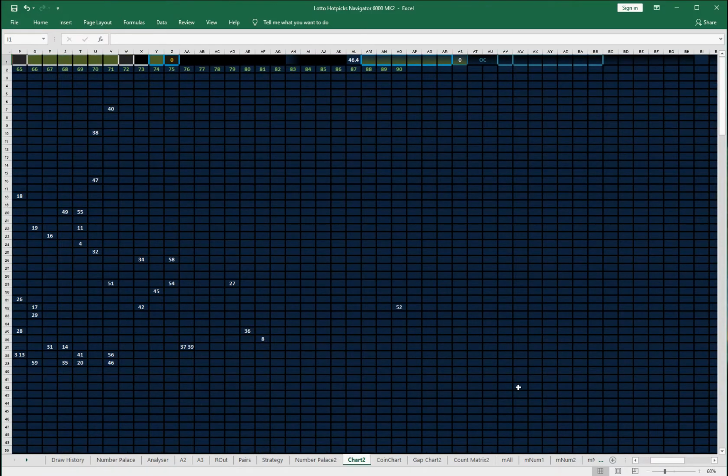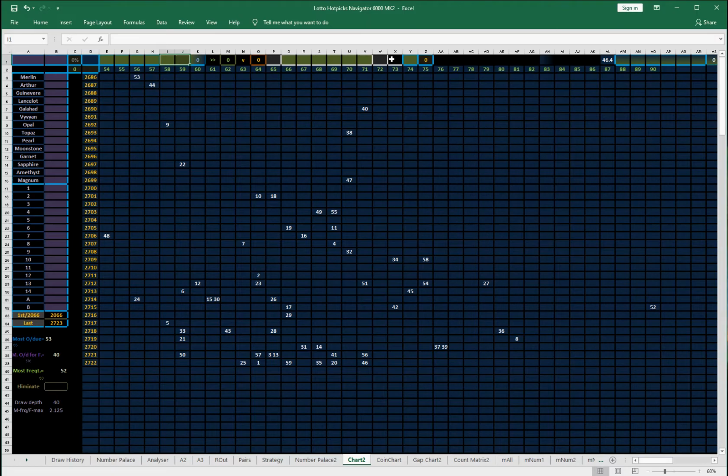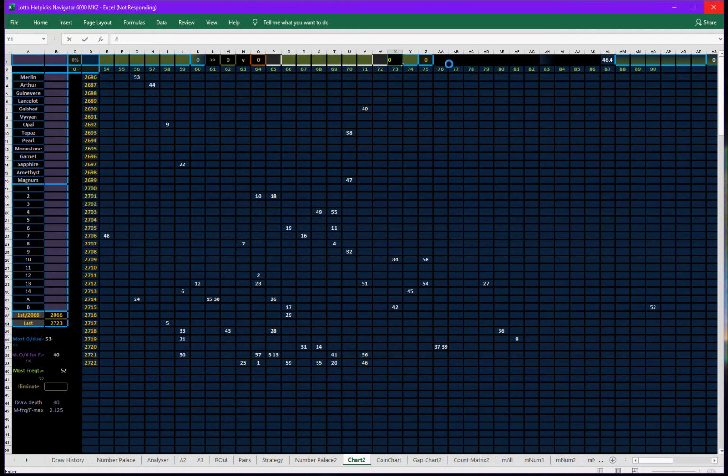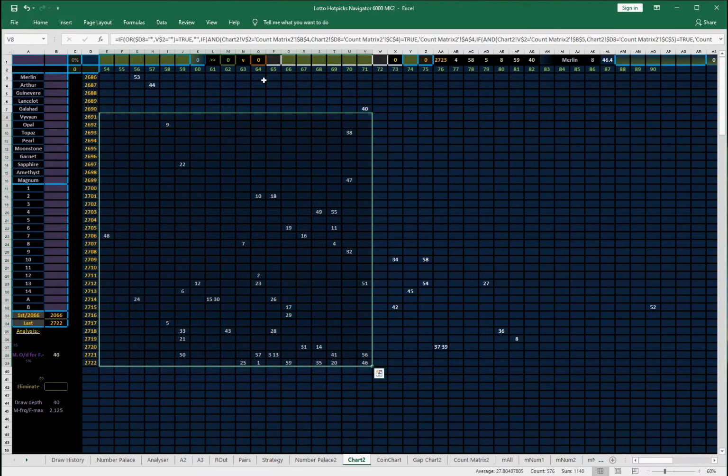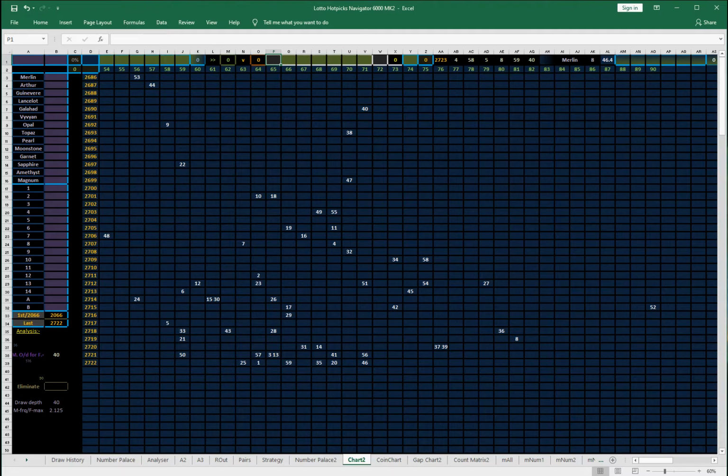Right, if that combination came out in the next draw, then this would happen. So you can see number 40 there, one of the numbers that I would pick because it's most overdue for its frequency. But that's not entirely the reason why I picked it.